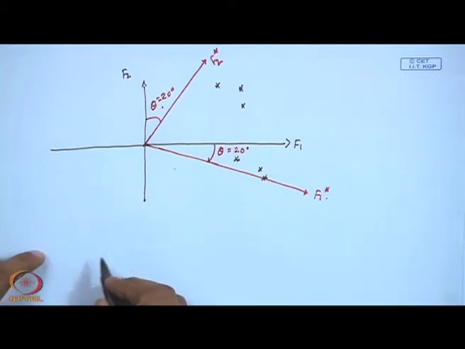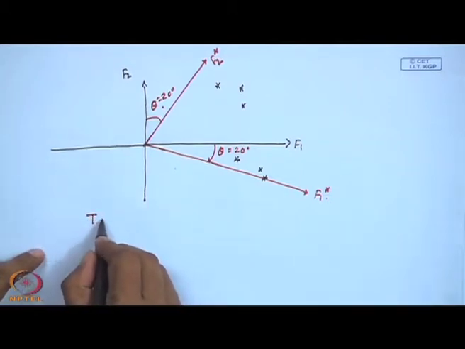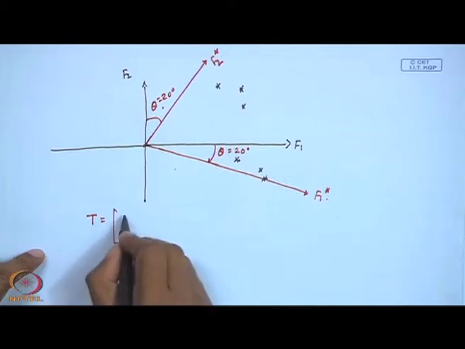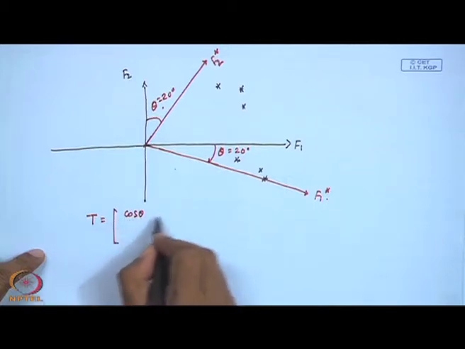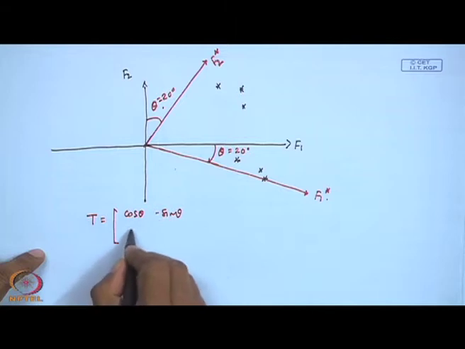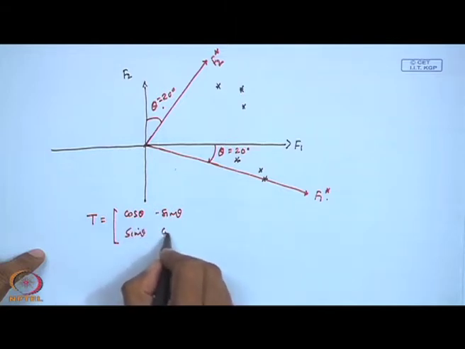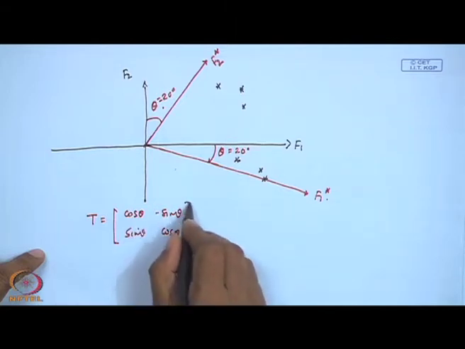In principal component analysis I gave you a matrix T, which is cos theta, minus sin theta, then sin theta, cos theta.